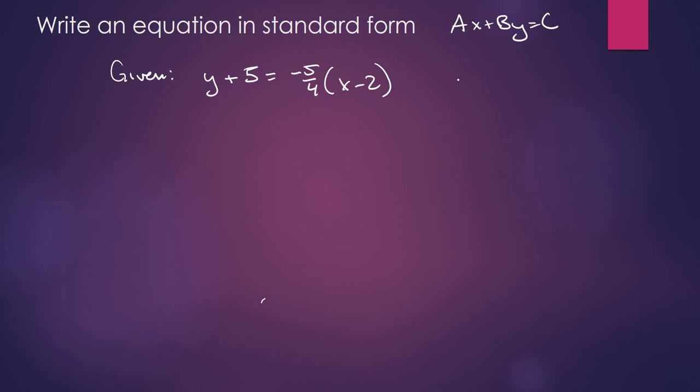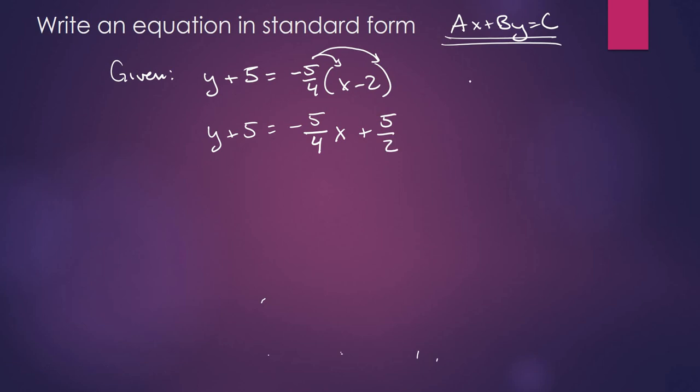So this is in point slope form, and I need to get it to standard form. So I'm going to do a little bit of work. I'm going to first of all distribute. So -5/4 times x is -5/4 x. -5/4 times -2 is +5/2. And if you can't do that right away, please do it off to the side.